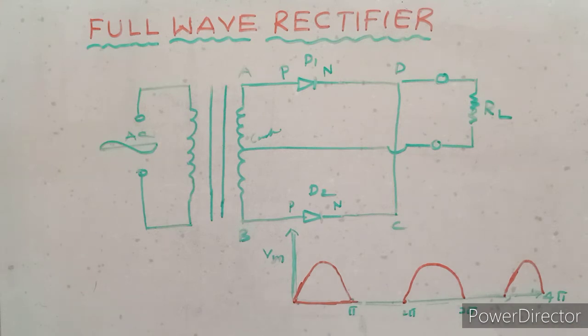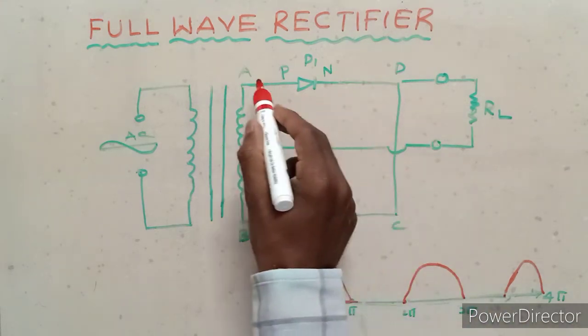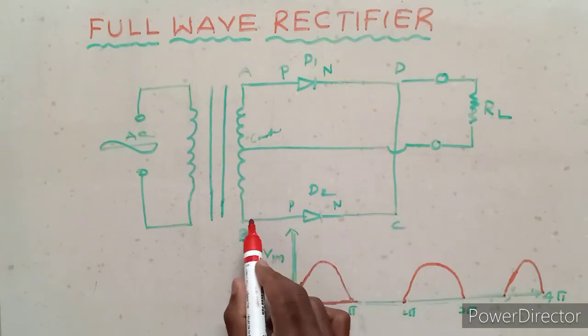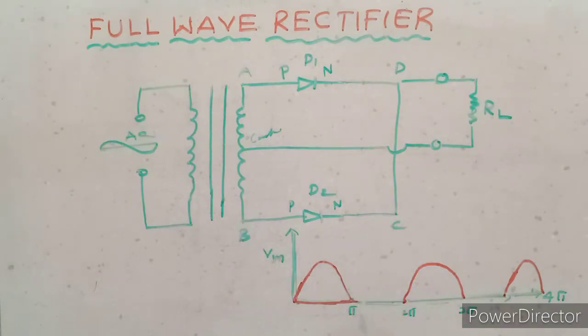So in the negative, if this is the negative potential and this is the positive potential, in this time the current is not allowed. In the second case this is allowed, in the second case it is not allowed.